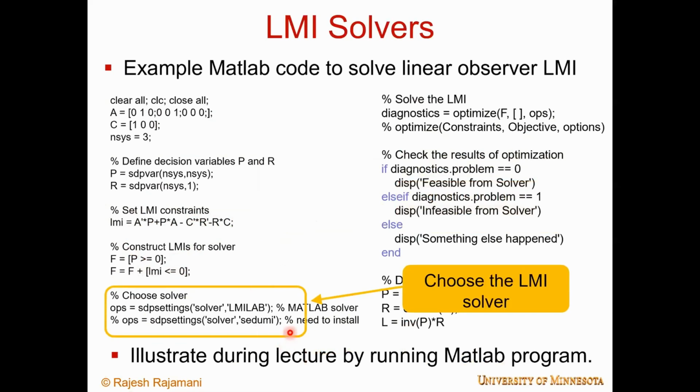This is the part of the file that chooses which LMI solver you're going to use. For example, LMI Lab is one of the solvers that is available inside MATLAB. SeDuMi is an external solver that you can download.